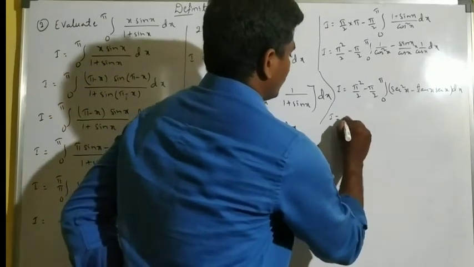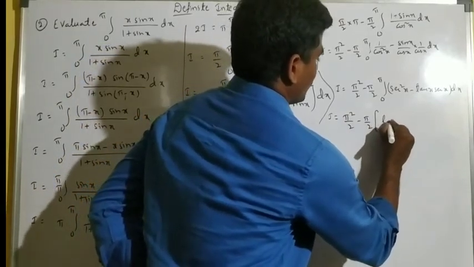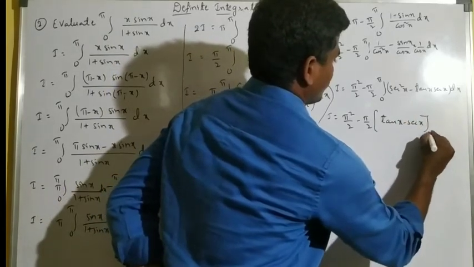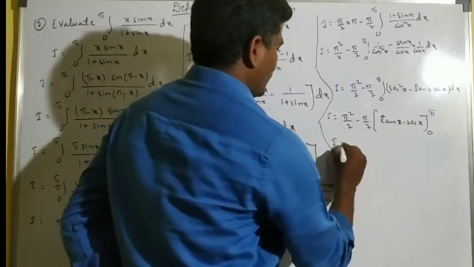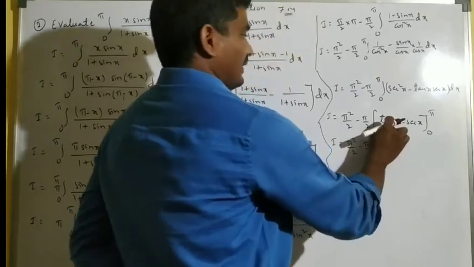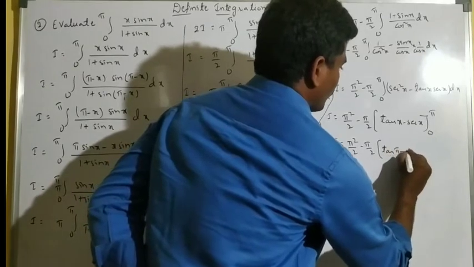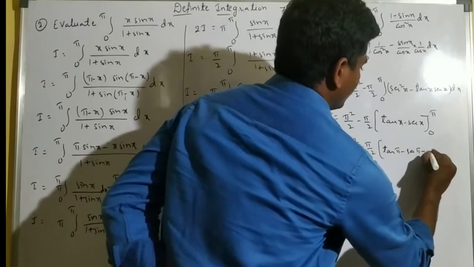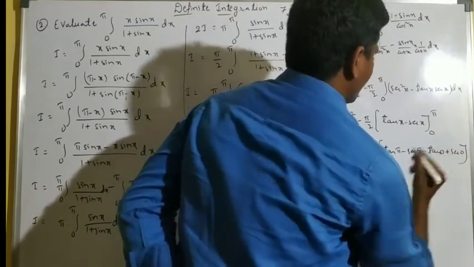So I equals pi square by 2 minus pi by 2 of tan x minus secant x from 0 to pi. I equals pi square by 2 minus pi by 2 of tan pi minus secant pi, minus of tan 0 plus secant 0.